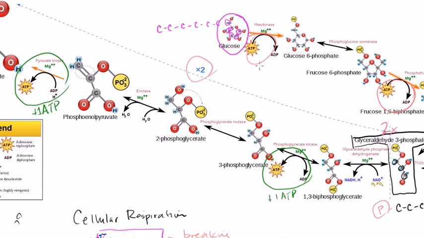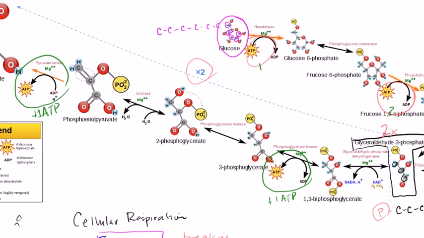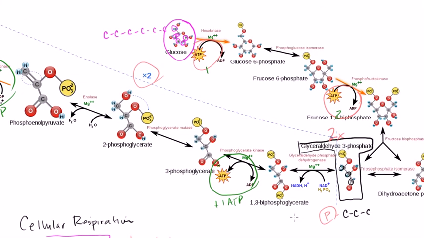In the investment phase, we used 2 ATPs. So total net ATPs directly generated from glycolysis is 2 ATPs. Right? 4 gross produced, but we had to invest 2 in the investment phase. And then the NADHs, we see right here. For each phosphoglyceraldehyde, or glyceraldehyde 3-phosphates, or PGALs, or whatever you want to call them, at this stage right here, you see that we are reducing NAD+ to NADH.